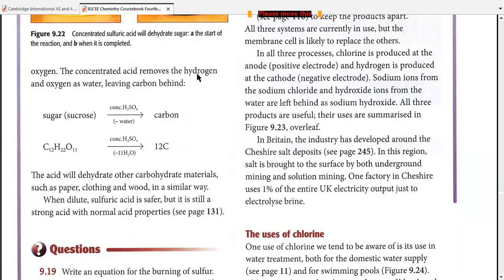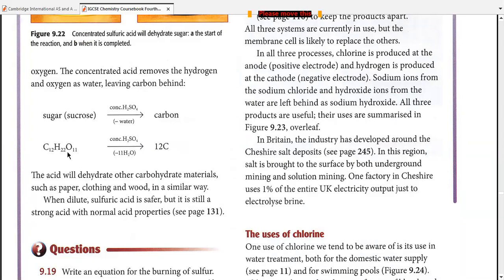The concentrated acid removes hydrogen and oxygen as water, just leaving carbon behind. As the example of sucrose, I hope you remember the formula of sucrose from biology. That was C12H22O11. Every carbohydrate has the characteristic that the H and O in it are in a 2:1 ratio, as in water formation, and it contains a specific amount of carbon, whose ratio need not be fixed. It differs in different carbohydrates.